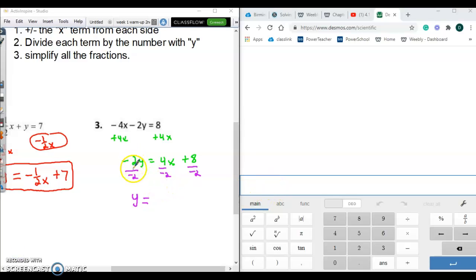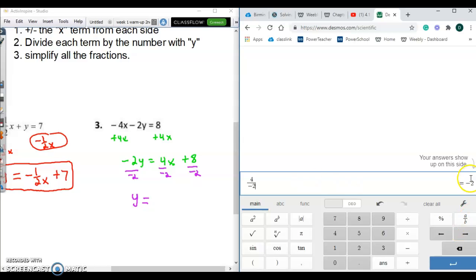So again, now we're going to just reduce these. -2 divided by -2 is 1, 4 divided by -2, that gives us -2, so I'm going to write -2x here. And then 8 divided by -2, let me just change that if we're using the decimals, gives us a -4. And that would be my final answer.